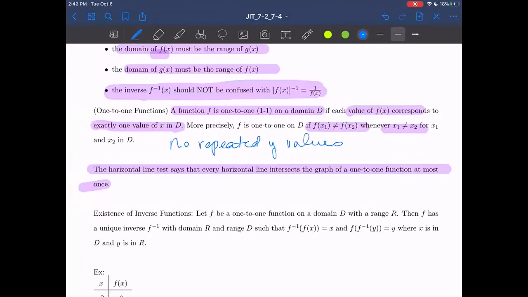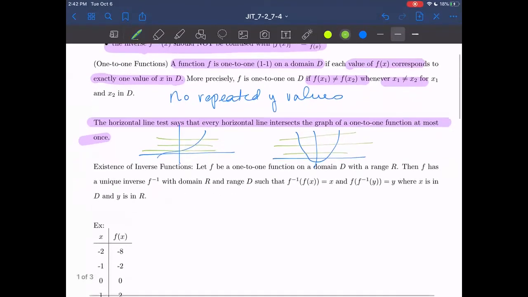For example, if I've got a function like this, anywhere I draw a horizontal line, it's only going to intersect my function once. Whereas if I had a function that looks like this, and I draw a horizontal line, it's going to intersect the graph more than once, so we'd have a repeated y value.